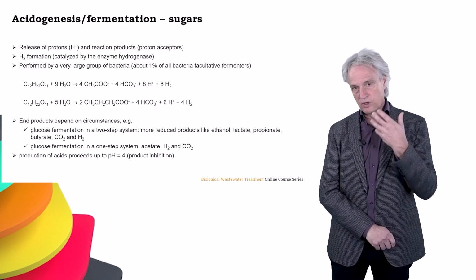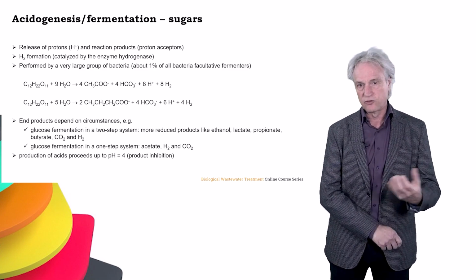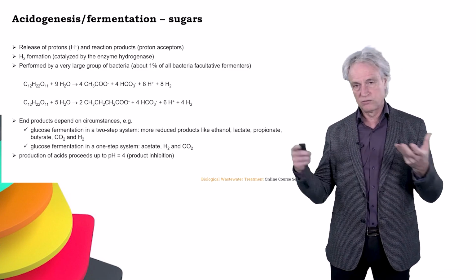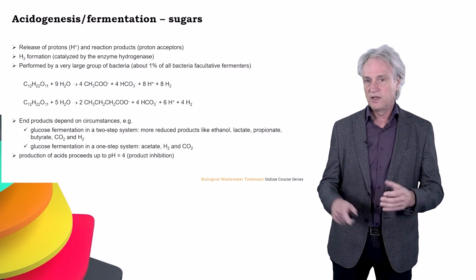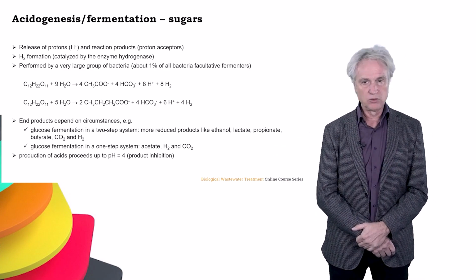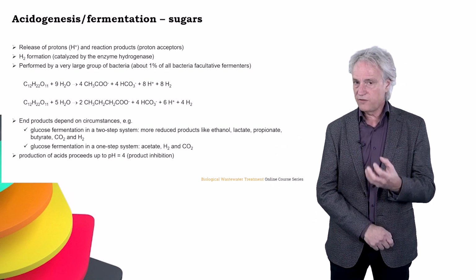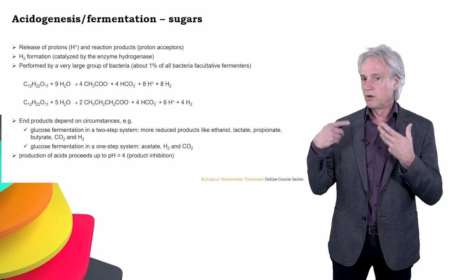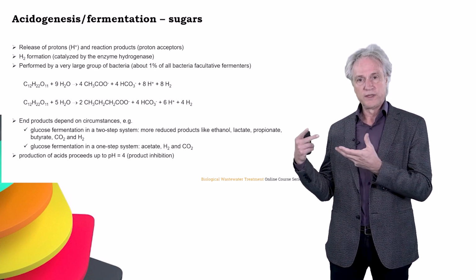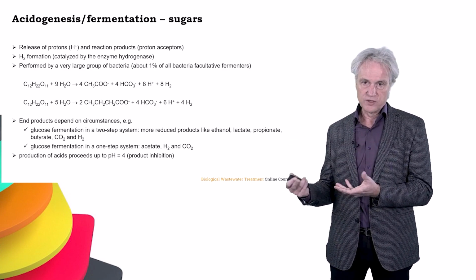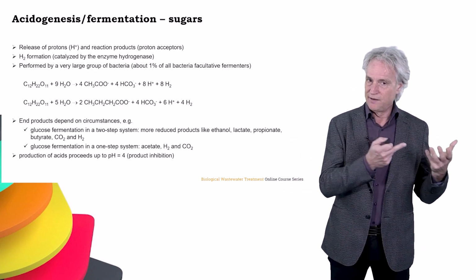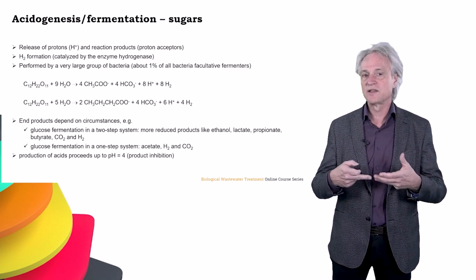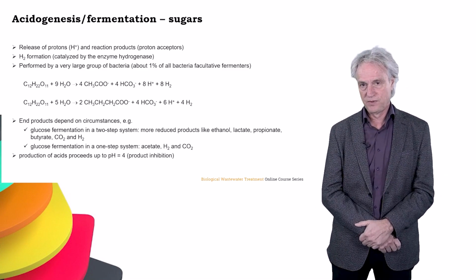Well, if you focus first on the top reaction, you see that sucrose is a neutral compound. It is fermented to acids, and you produce quite a high amount of hydrogen. If this hydrogen accumulates, then at a certain moment, you will get product inhibition. There's too much hydrogen, and the production of hydrogen does not give the bacteria enough energy.